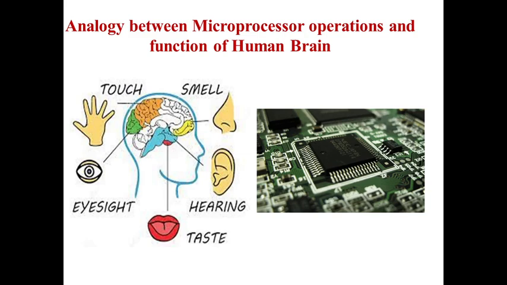So we can make an analogy to understand the microprocessor's working by comparing it with the function of the human brain. Let us consider that the human brain is nothing but the microprocessor of our human body. What does it do? We know that the brain contains a memory, which stores some information.